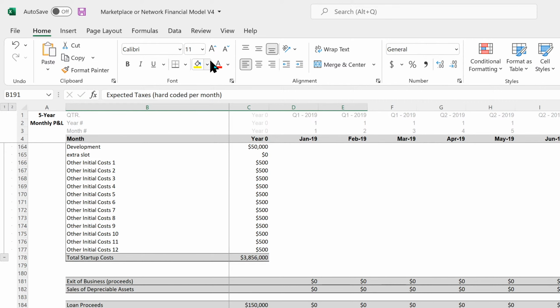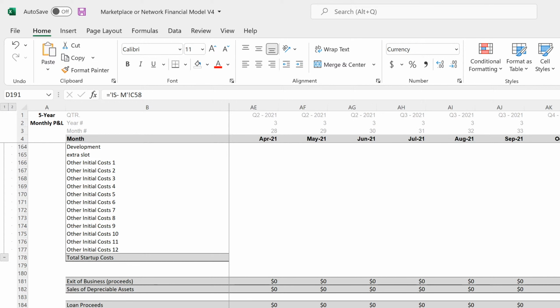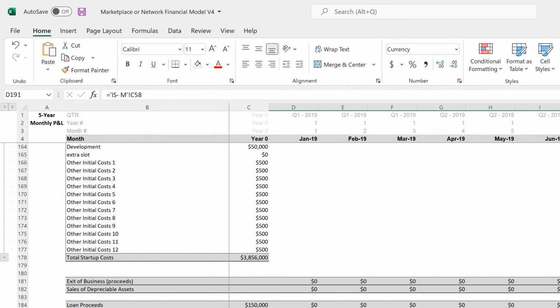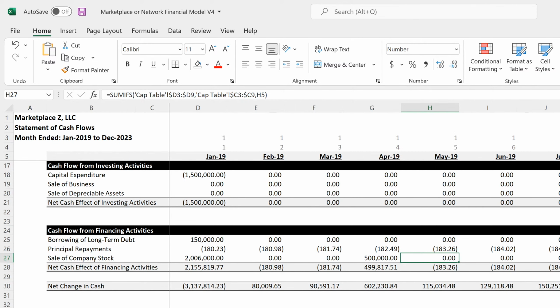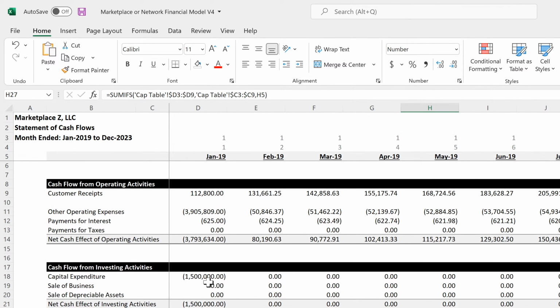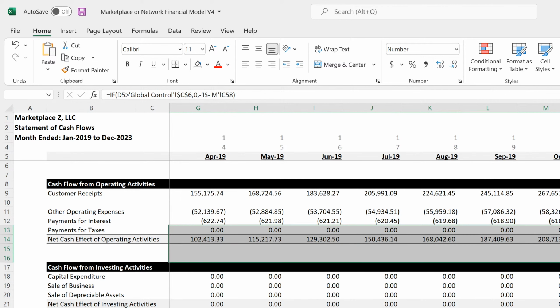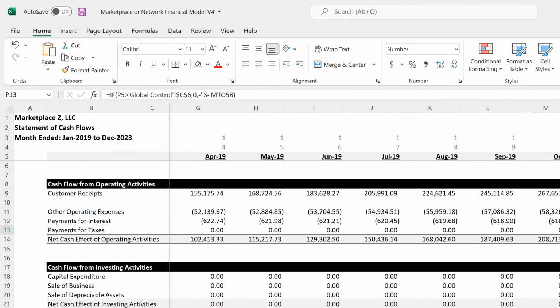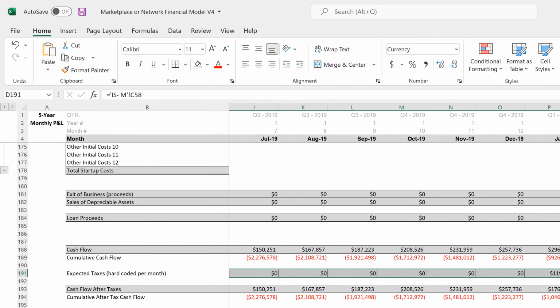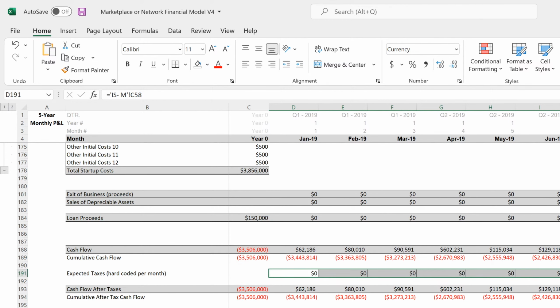Get this yellow out of here. So I thought I saw taxes in the first year too on the cash flow statement. Let's look here. Oh no, not till year 2. Okay, good. So this should be pot. Okay, good. So that's positive, negative. So we got taxes in here.